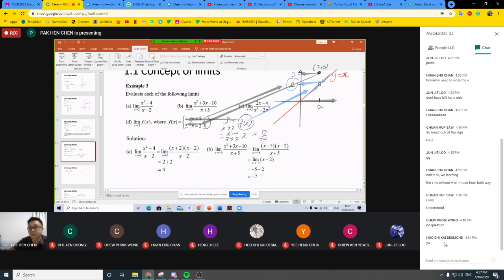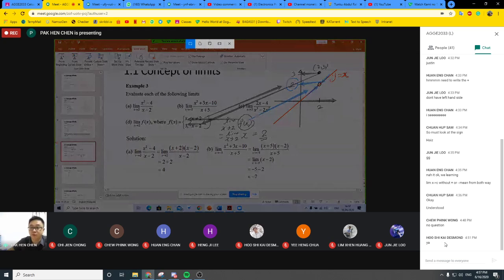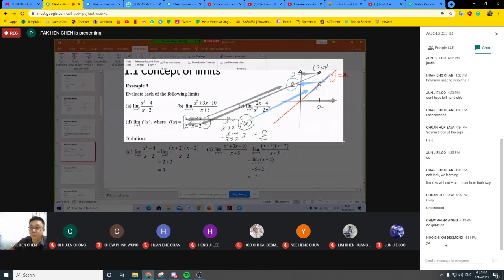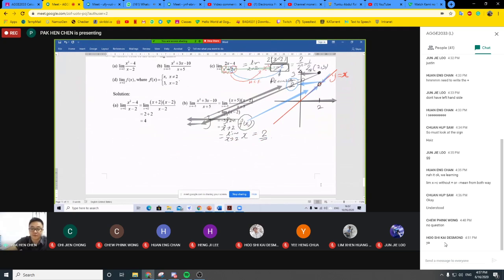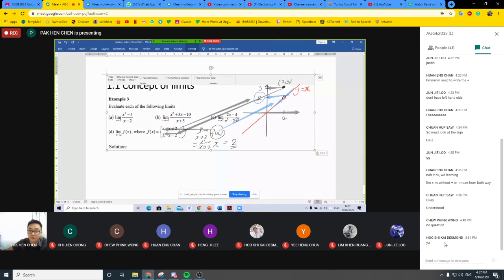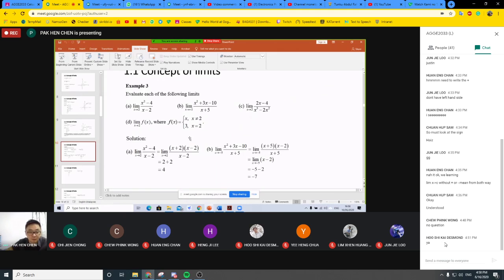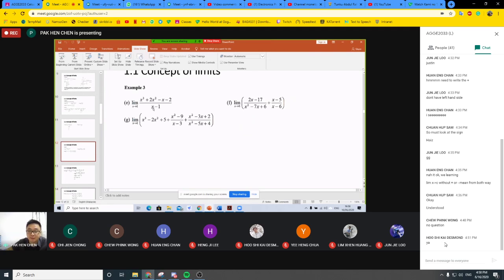Understand? Yes, this concept is very, very important for the later examples. The limit is not only the f(c) value. Sometimes you have to refer back to the graph to see, when x approaches a certain value, what y value it approaches. All right, so we still have some more examples.